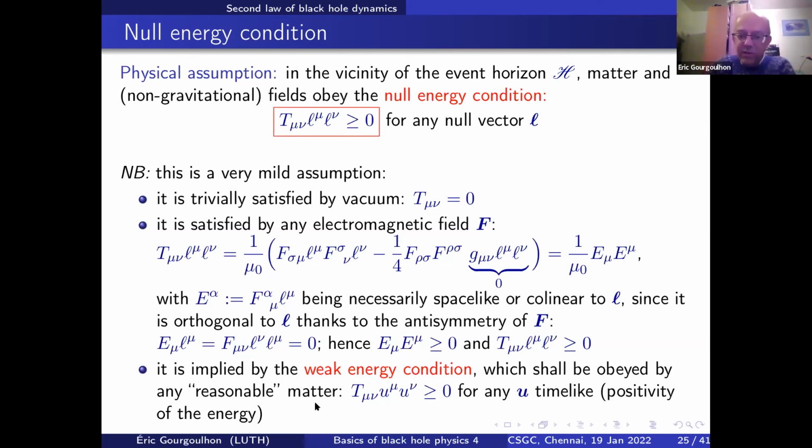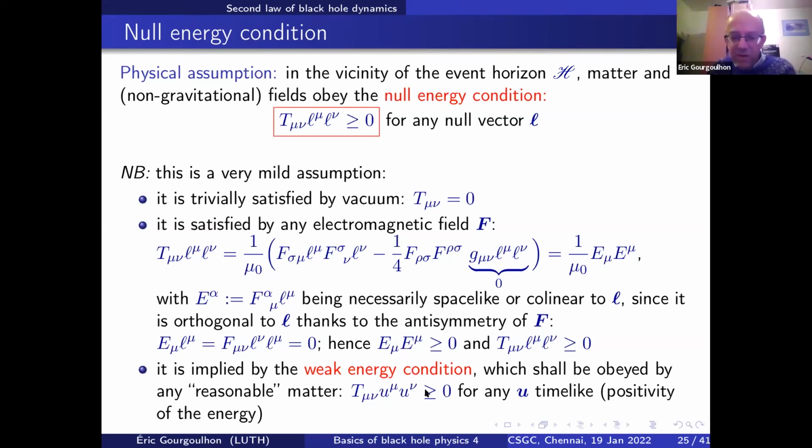This is a quite famous energy condition. It says that if you take a time-like vector U, this contraction of U with the energy momentum tensor is non-negative. And in particular, if U is a unit time-like vector, then it will represent the four velocity of an observer.